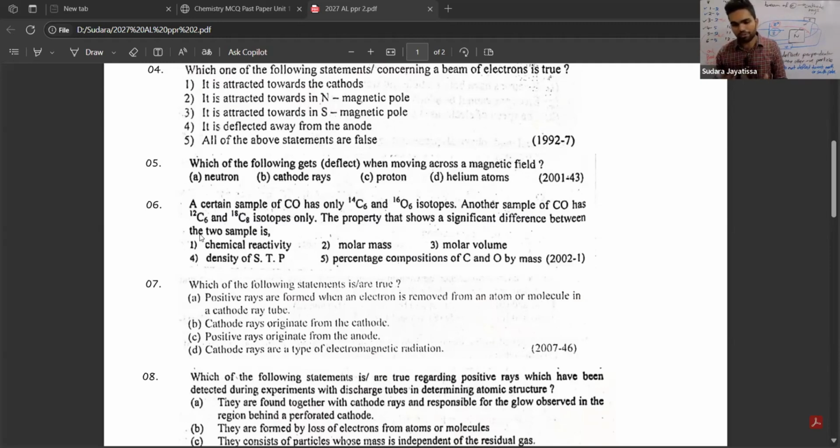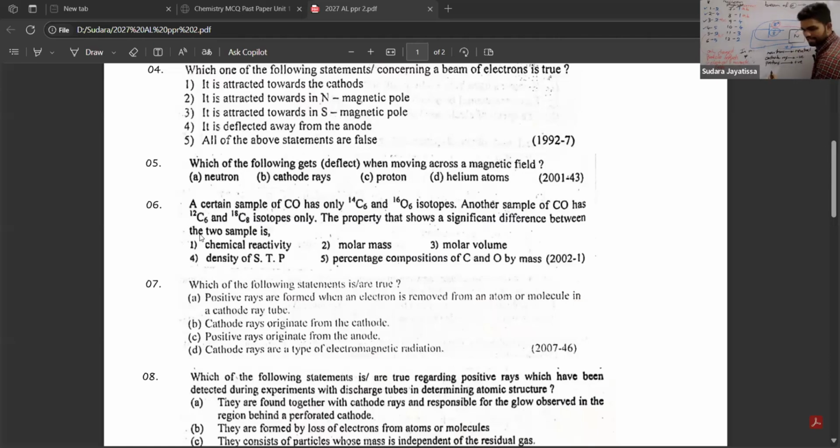Both will be deflecting, but in opposite directions, isn't it? That is also a nice thing.